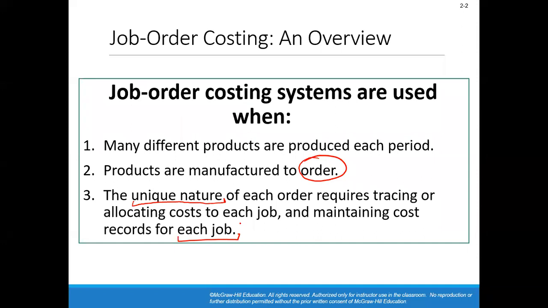So you can relate it with what we learned about the cost classification for external reporting purpose, product cost and period cost.